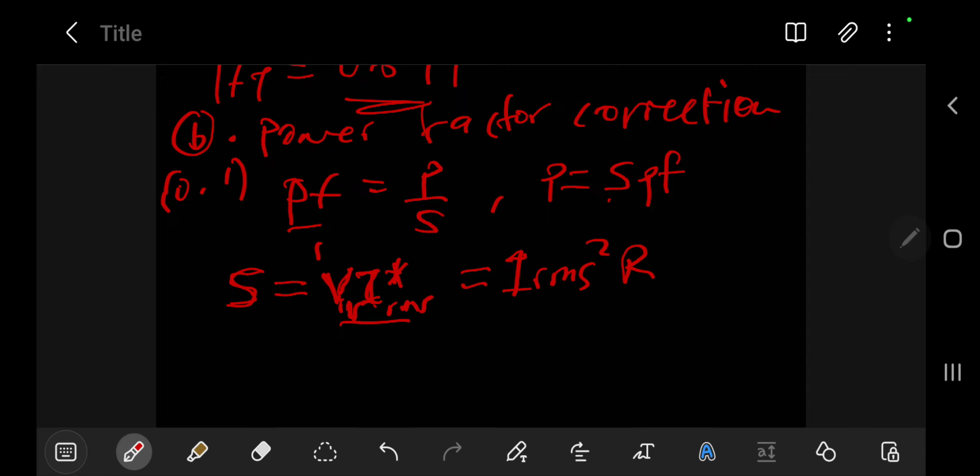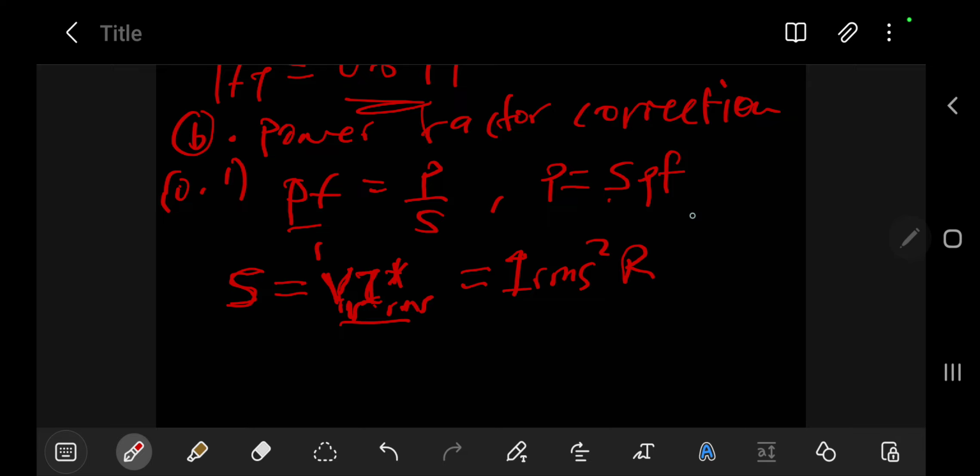So what most companies that manufacture electrical appliances do is that they just want to make sure that instead of having a low power factor, they want to in fact increase it to maybe as close to 1.